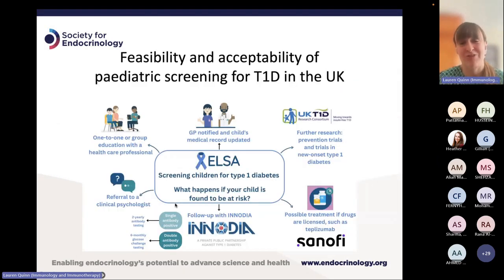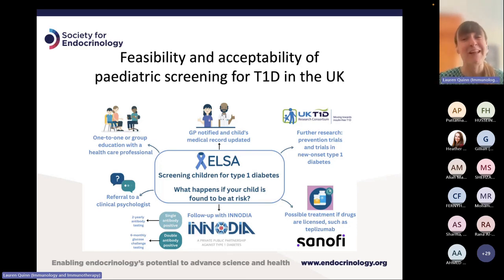And as a result of that, this is kind of the mind map we've developed. So this is the support that families need when they've been through screening. So for example, they would benefit from one-to-one education about signs and symptoms of type 1 and about what the screening results mean. We notify the child's GP. So if that child does develop symptoms, they're going to test that child for type 1 if there's any seed of doubt.